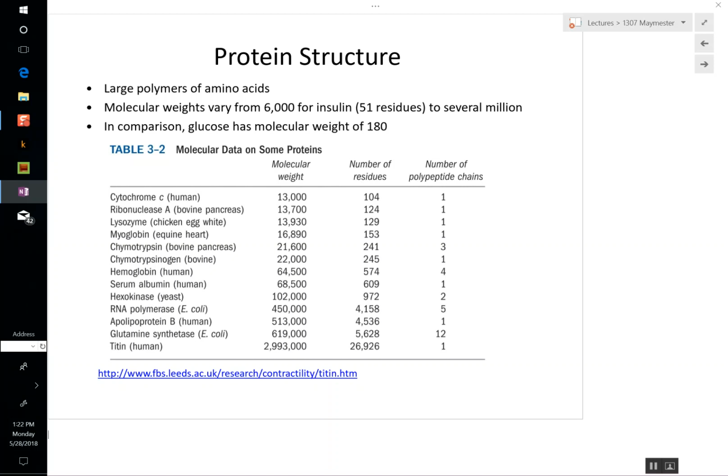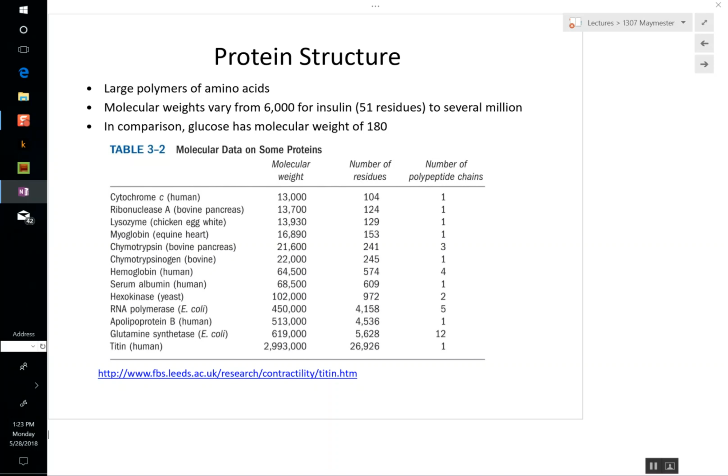Hemoglobin is very similar structure to myoglobin, but it is a complex protein made up of 4 units. You can see myoglobin is a single unit. Hemoglobin is 4 units. And each one of them having about 150 residues. You're up to 574 residues in hemoglobin.